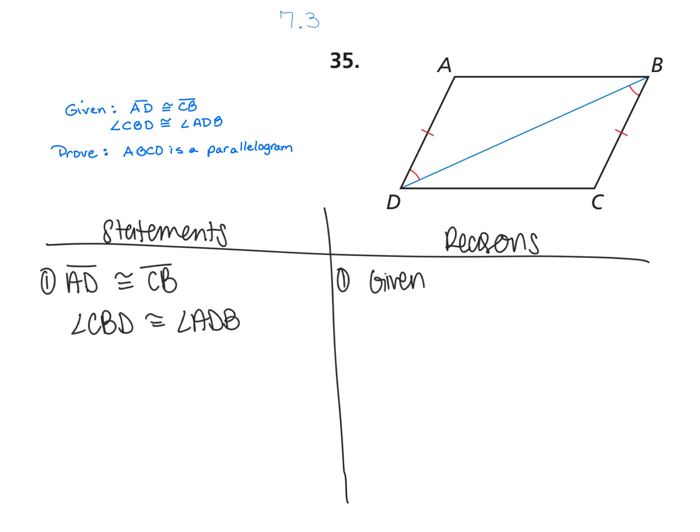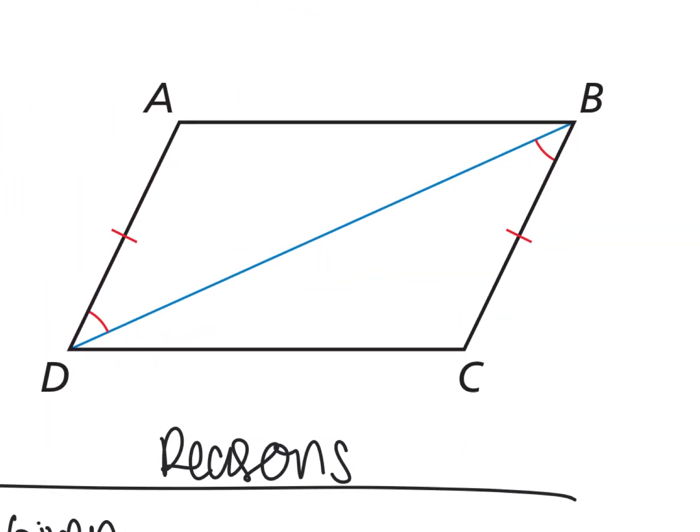So, looking at this one, pay attention to this because a lot of students get confused on this. If I'm looking at my diagram, here is my transversal. I have alternate angles. I want to find my sides that are parallel.